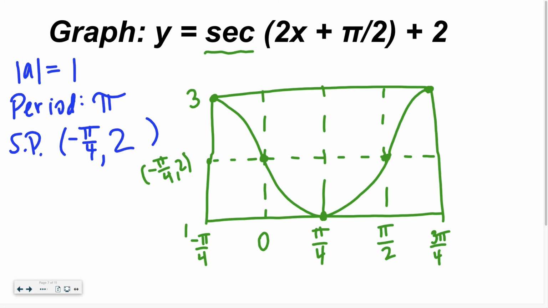Okay, so here is what the cosine curve would look like. We go to where the parent graph crossed the x-axis, and that's where we put in our asymptotes.